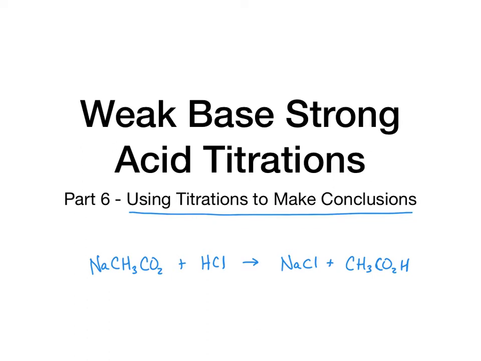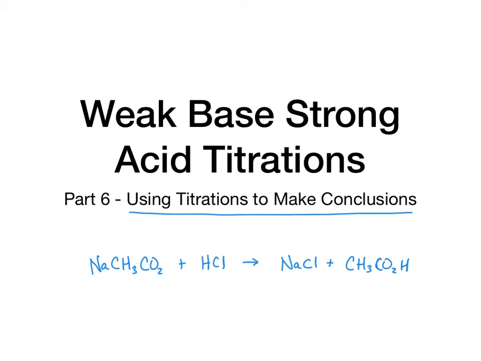At this point, we have walked through how to calculate the pH at various points along the titration curve. We've talked about how to interpret the titration curve and the things that are in solution at the different points. We've also talked about how to find the equivalence point if you have titration data.